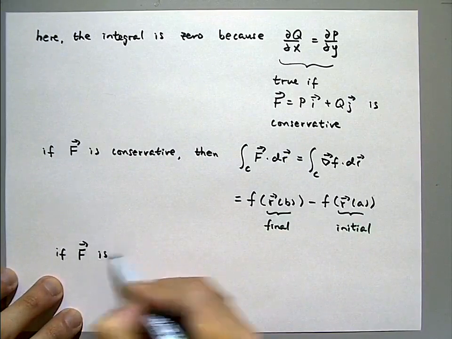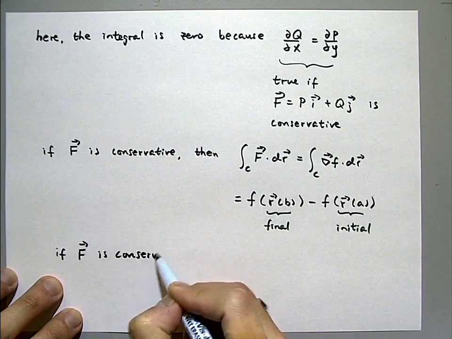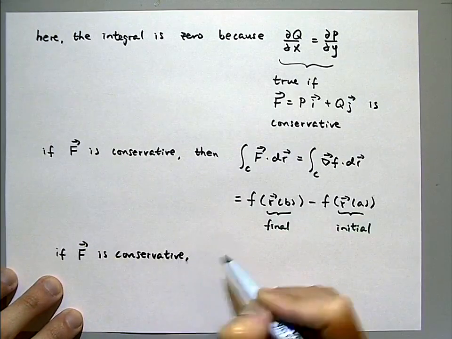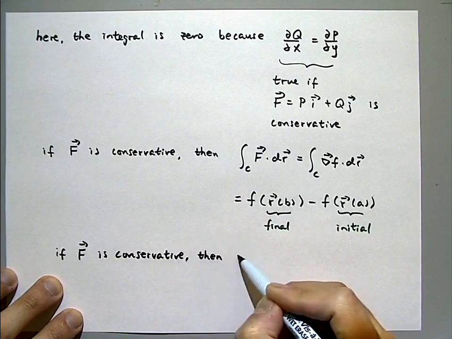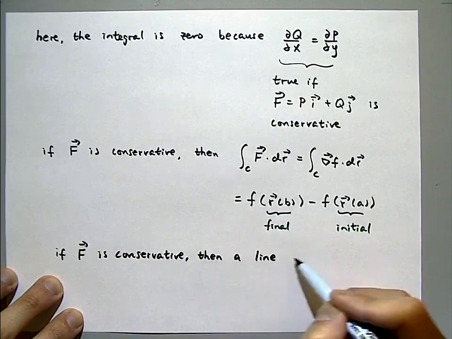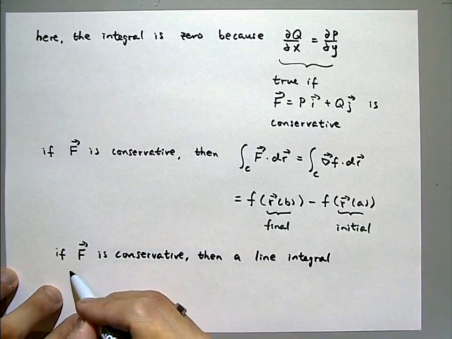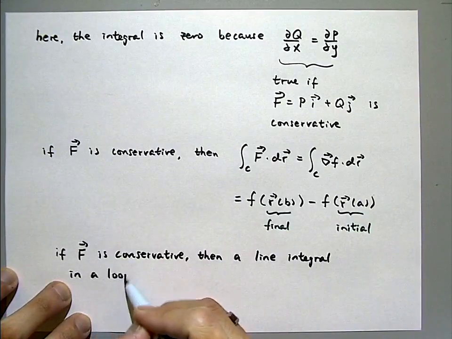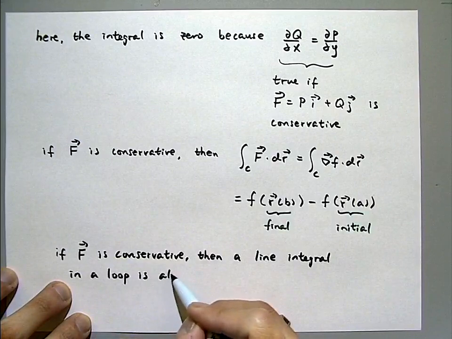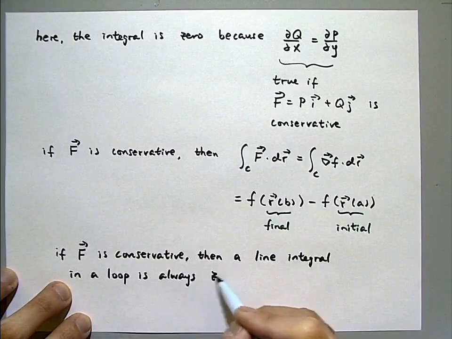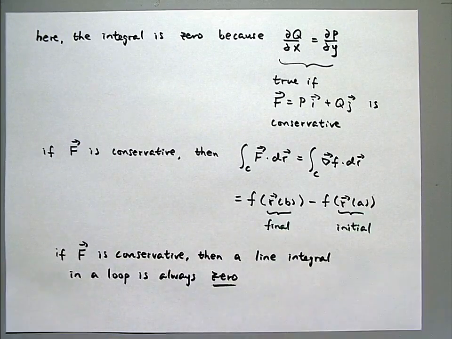If f is conservative, then a line integral over that vector field f in a closed loop, meaning we start and end at the same place, is 0.